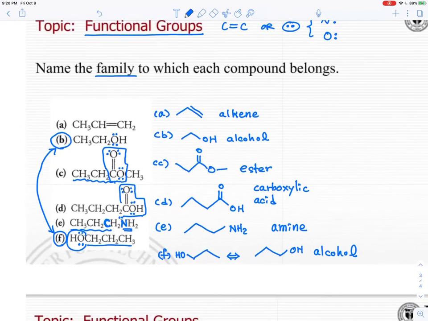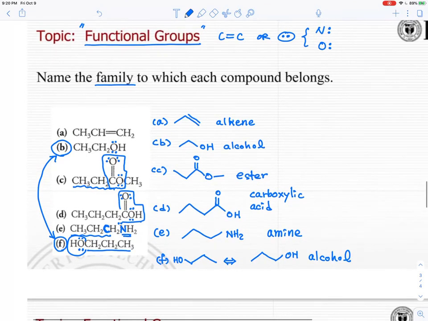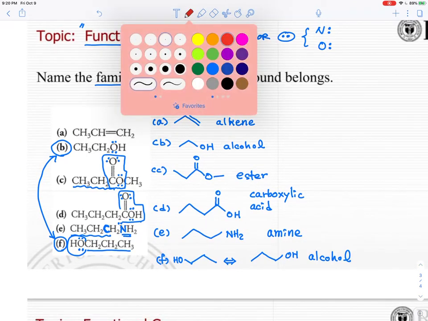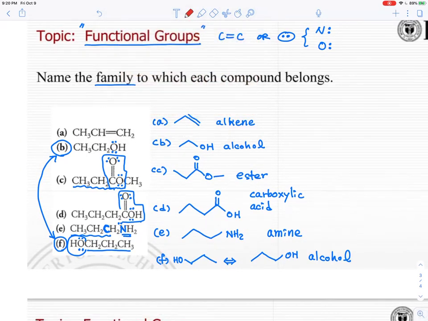One extra thing we want you to know is how to identify the functional group. Within this class of families, I'm going to highlight the functional groups here. This is a functional group we call a double bond. And this is an alcohol.